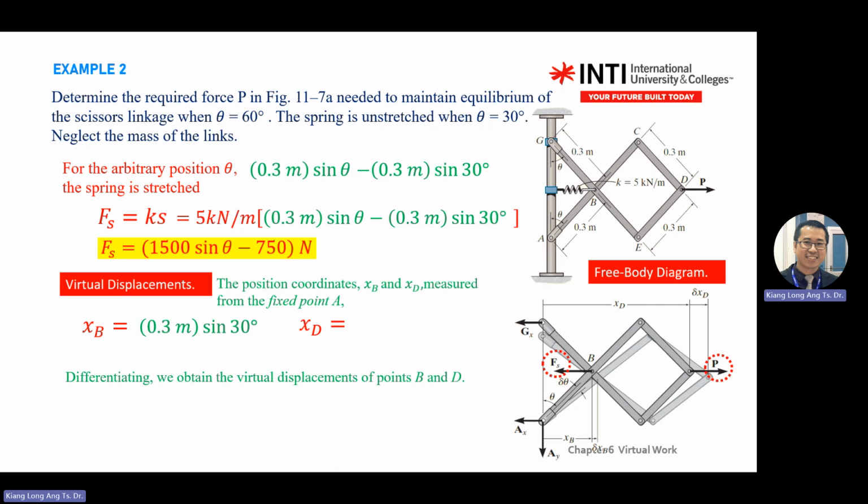So from here to here, we have three triangles. Here to here, we have one triangle, two triangles, three triangles. These are the same length, 0.3, 0.3. So same side angle, so you have three bases of the triangle equal to xD.